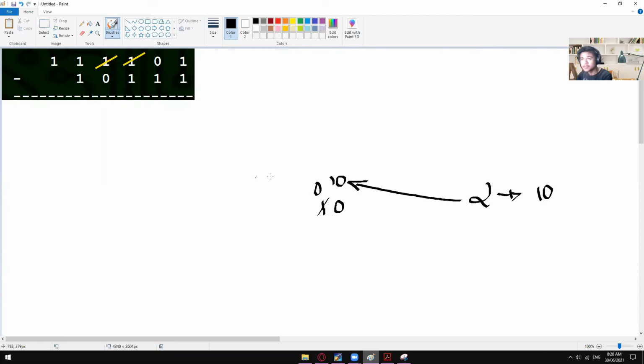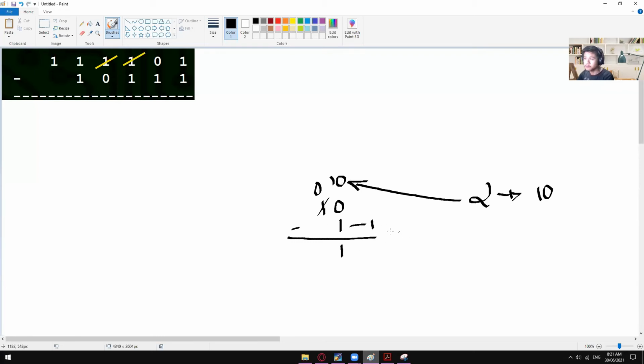So that is why if you're going to deduct 1 in here, let's say minus 1, this one is not equal to 9. This one is equal to, so 2 minus 1 is 1. Since this one has a value of 1 in decimal, this one has a value of 2 in decimal. So 2 minus 1 is 1.